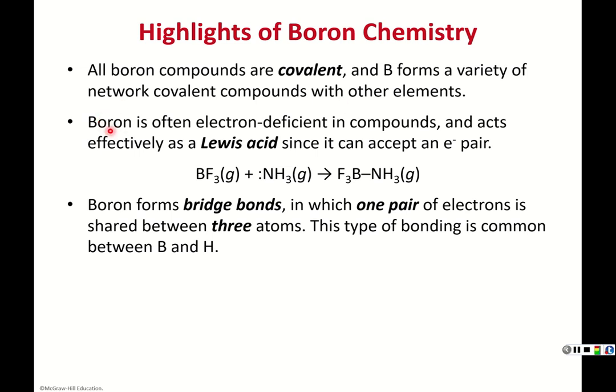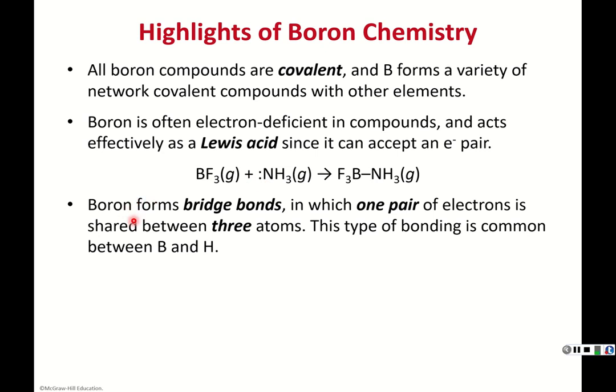If you remember back from when we talked about Lewis structures, boron is electron deficient in compounds, or it can be. So things like BF3, boron does not have to have a full octet. And because of this, it acts as a Lewis acid because it can accept electron pairs and form adducts.